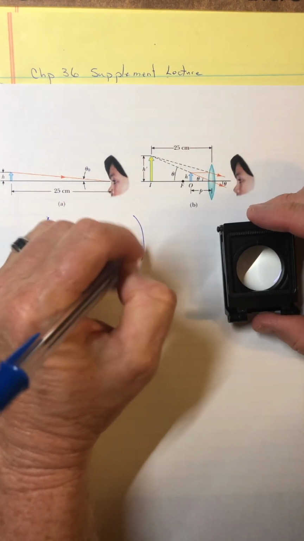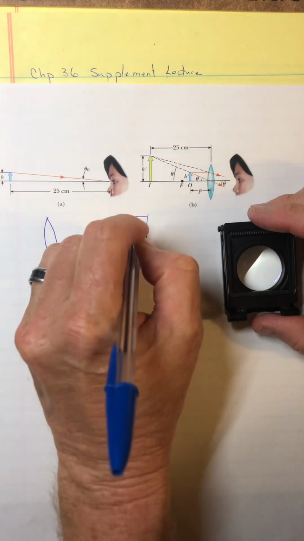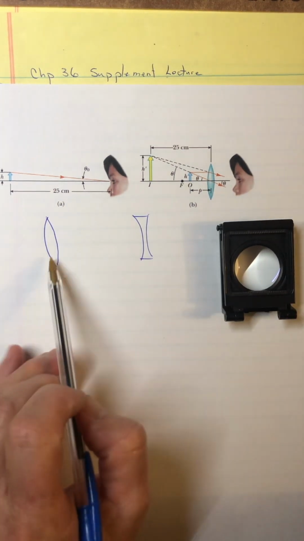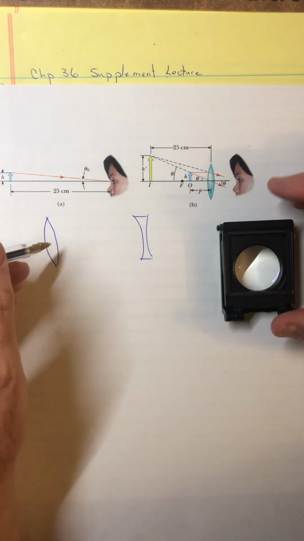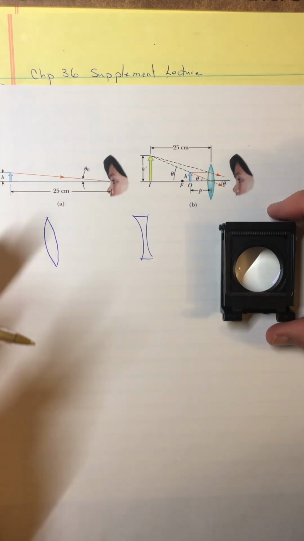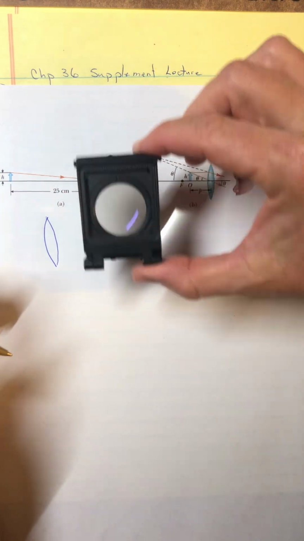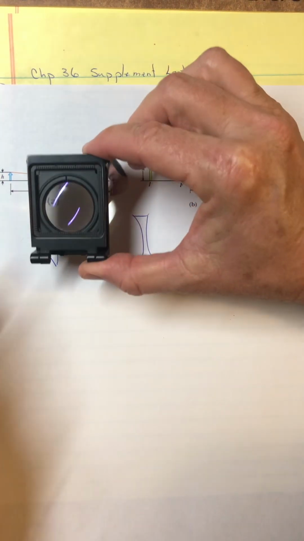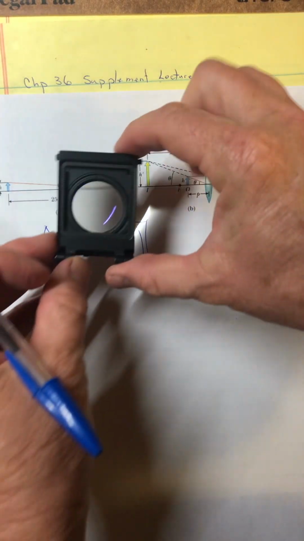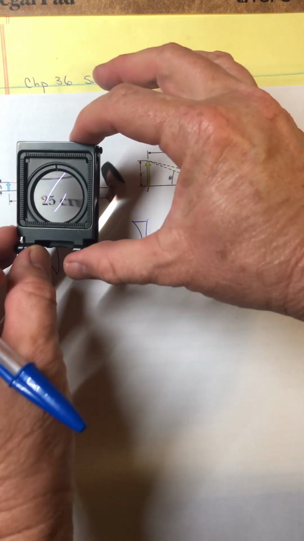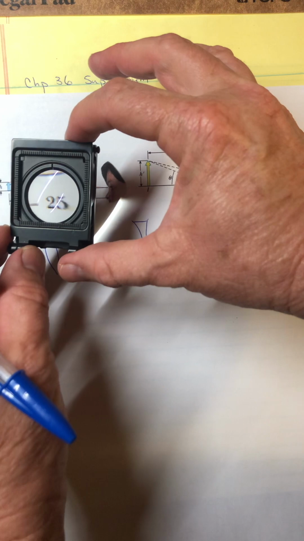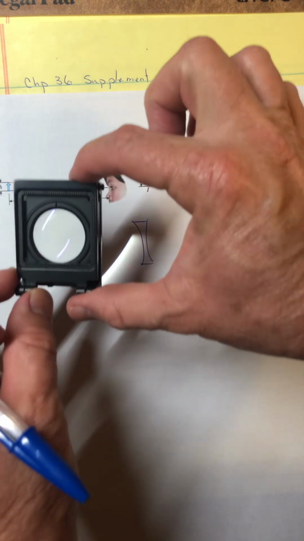The other lens can only make it look smaller. Now, this one can actually make it look smaller too, depending if you're looking at something far away. But when you look at something close, it looks bigger either right side up or bigger upside down. And if it's really close, like I'm trying to show you here, it looks bigger. Maybe I'll pick on that 25 there. When you look at that 25, it looks bigger and right side up.